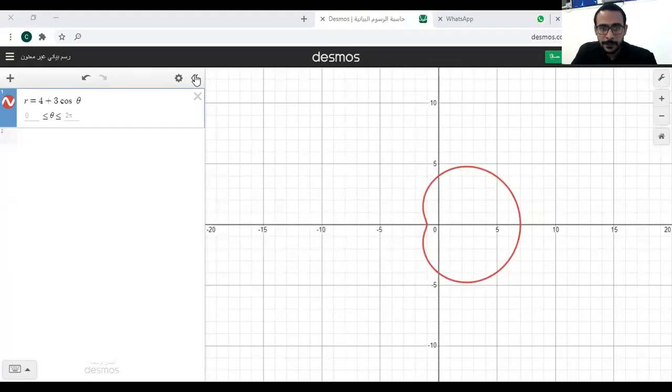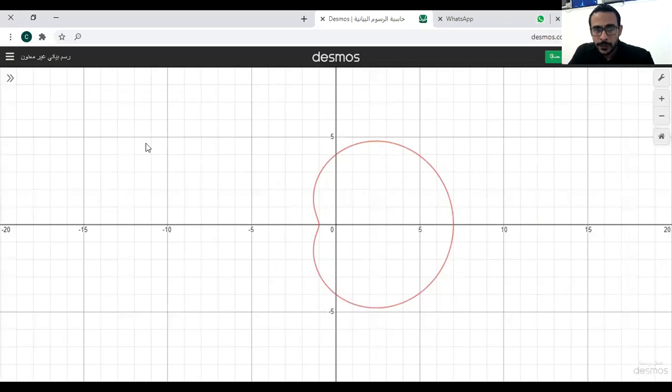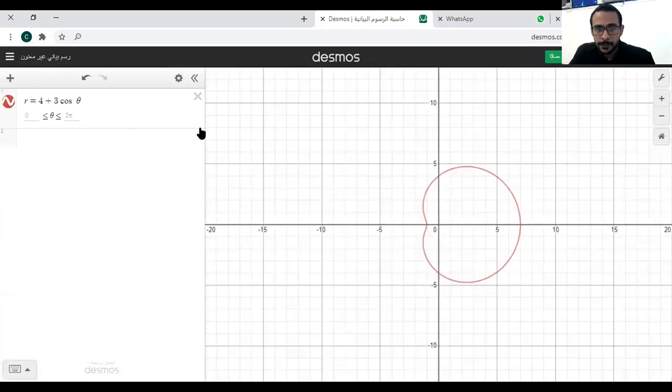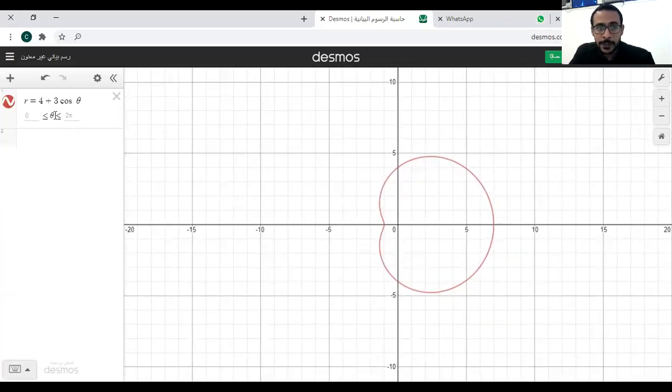Here is my graph. Yes, of what? What's the equation? 4 plus 3. The equation is a dimpled limaçon, 4 plus 3, and he said that theta is between 0 and 2 pi. So 4 minus 3 came out, which is 1. Don't put the 1 here, put the 1 at negative 1. Okay?